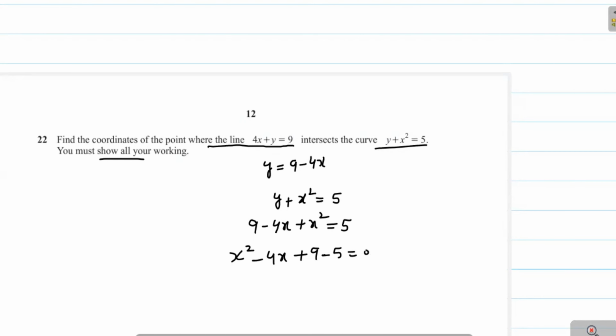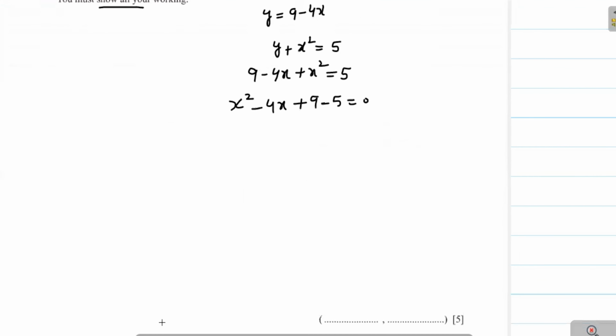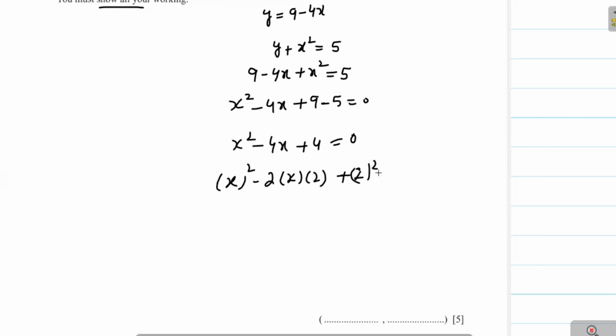Now we can write this equation as x square minus 4x plus 4 equal to 0. And we can write this as x whole square minus 2 times x into 2 plus 2 whole square. And this equation we can write as x minus 2 whole square. Now this is x minus 2 whole square equal to 0.